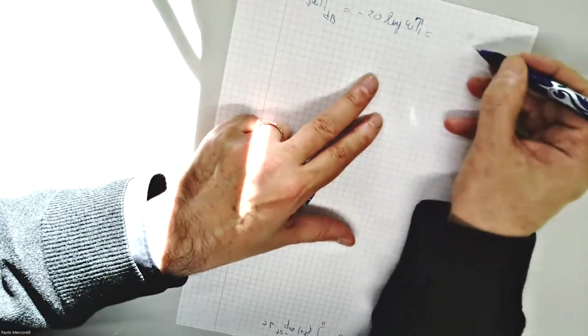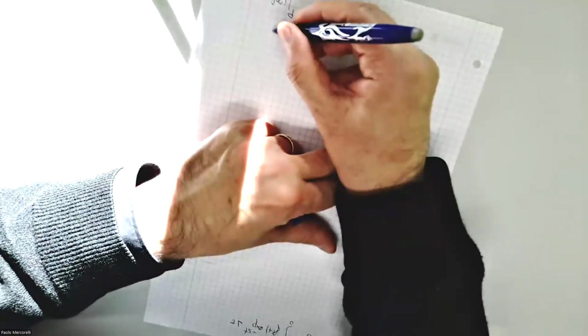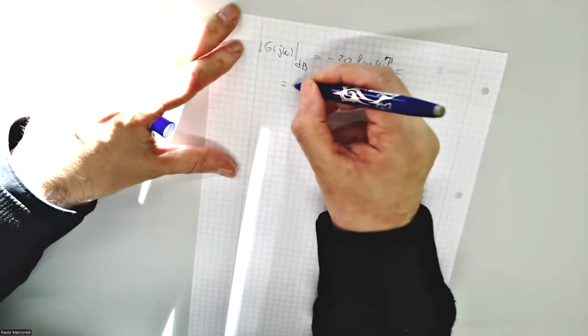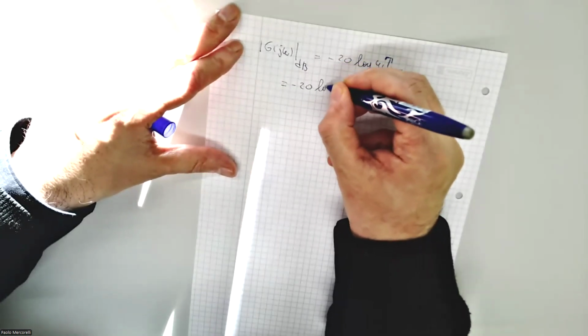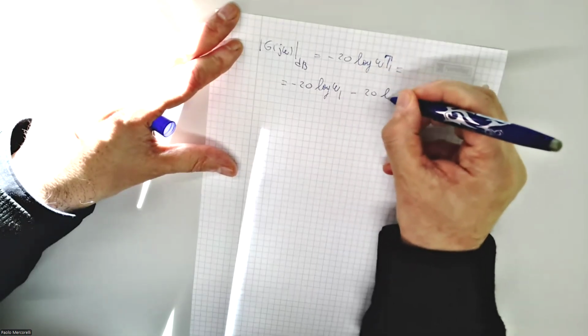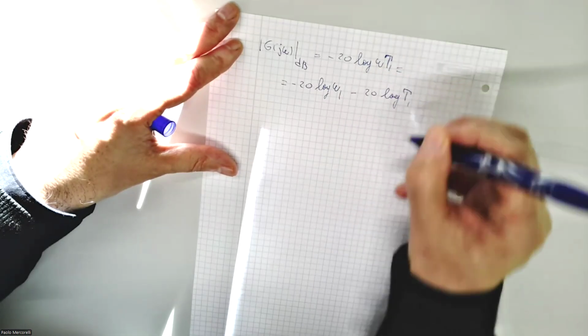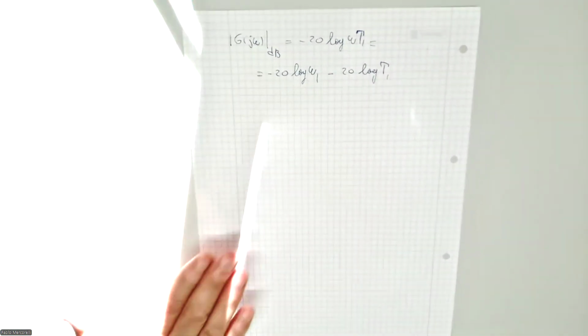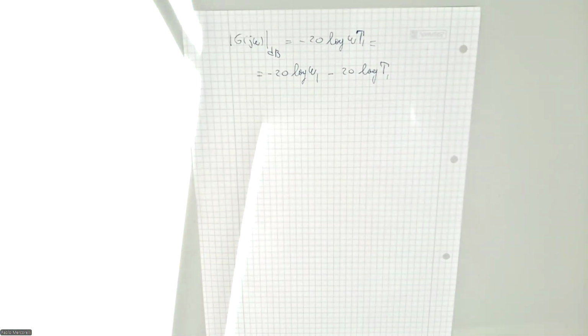Did you agree that I can write this in this form? Again, using the property of the log. As I told you, logarithm A divided B equals logarithm A minus logarithm B, independent of the base.